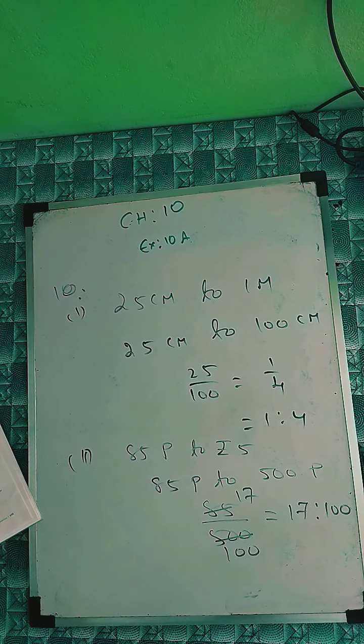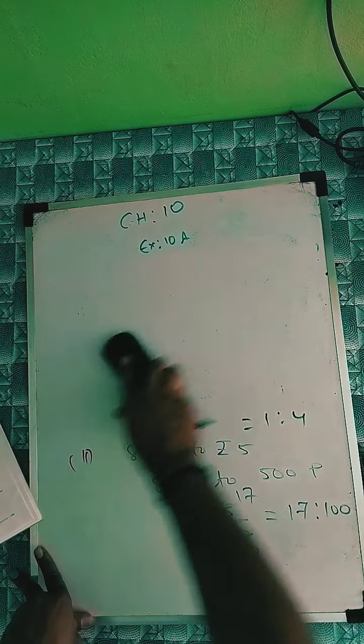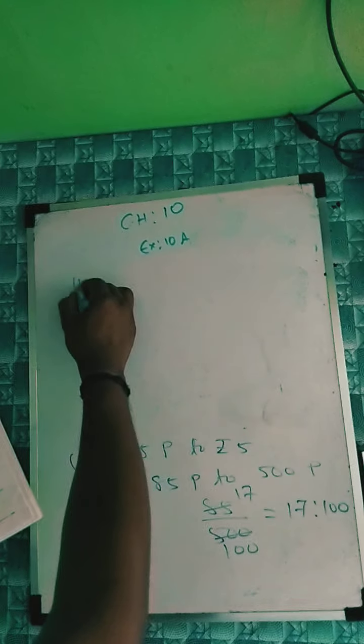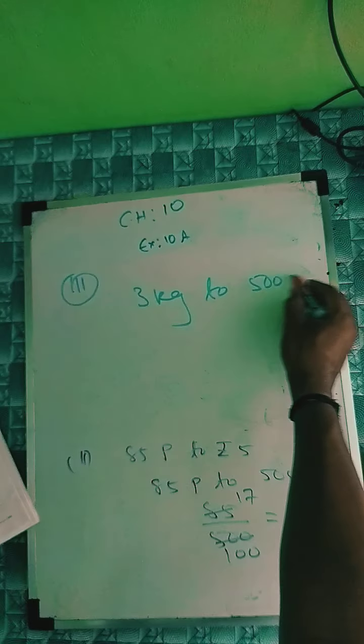Okay, and now the third one. The third one is 3 kg to 500 gram.